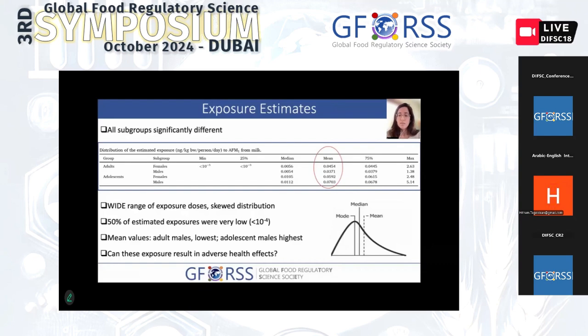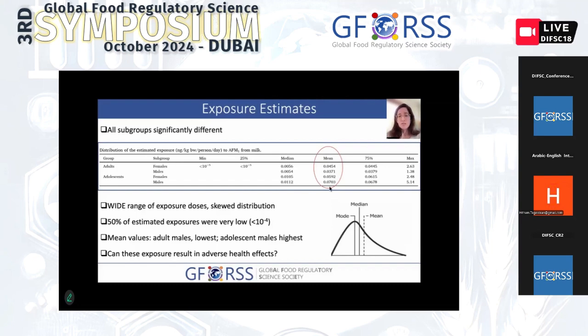And notice also that the mean values are actually larger than the median, which is typical of skewed distributions, like the one you see here, for example. In this case, our distribution is way more skewed than the one in the figure, because 50% of values are very small. They're lower than 10 to the minus 4. So you can imagine why providing only a mean value for this type of data is not very informative, right?